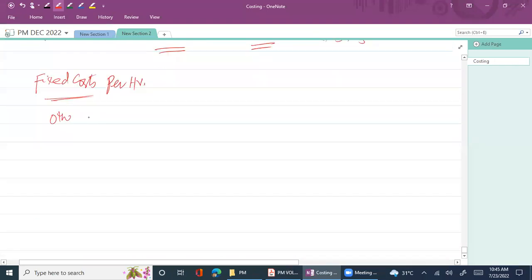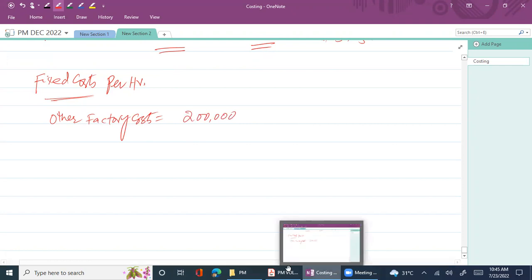One is the other factory cost. 200,000 is the annual figure. So what will be the other cost per hour?